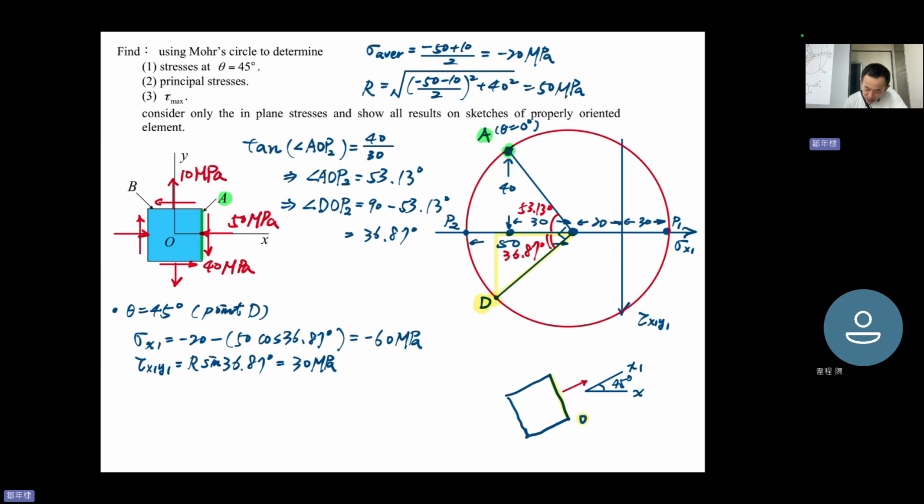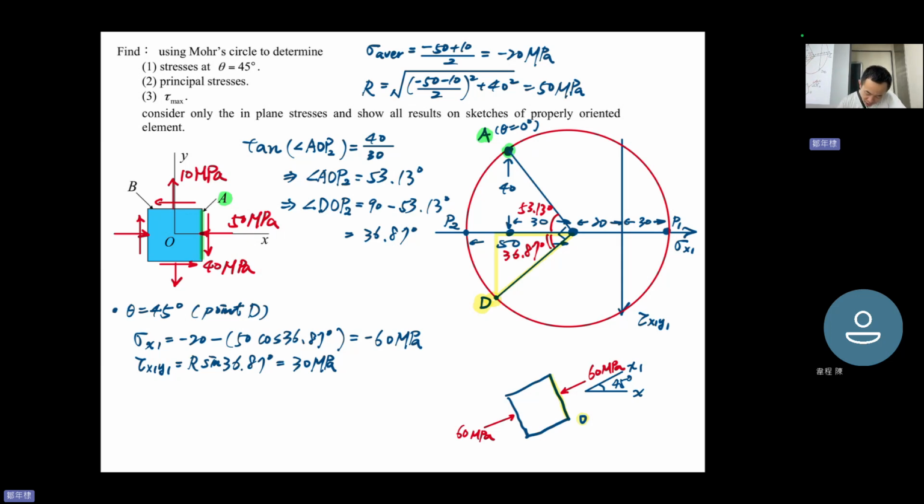So now you are ready to draw this. Oh, sorry, it's minus. Minus becomes compression, right? So it's 60 MPa compression. Of course, the opposite side will have exactly the same value, and in the D plane, you have tau x1y1 30 MPa. 30 MPa is positive, right?